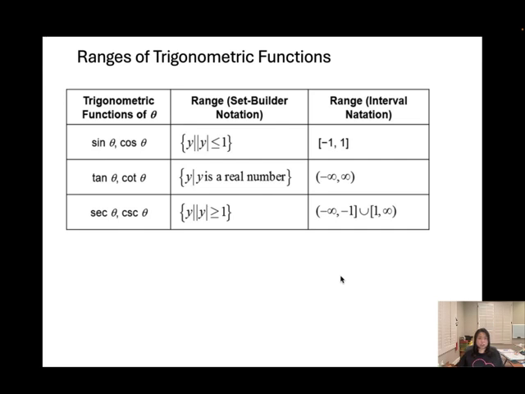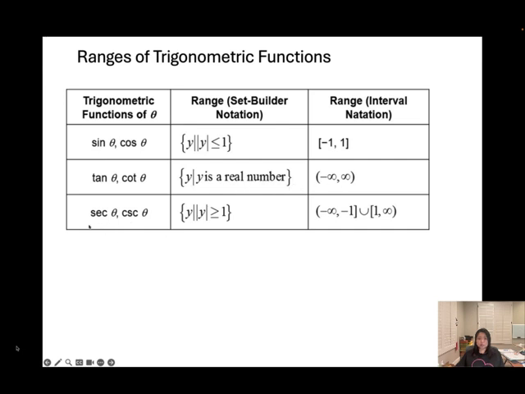The range of trigonometric functions. Sine and cosine, the y is always in between -1 and +1. You could look at the notation. Sine and cosine, the range, talking about the y values, is always in between -1 and 1. Tangent and cotangent, the range can be -infinity to +infinity, so it's all real values for the range.